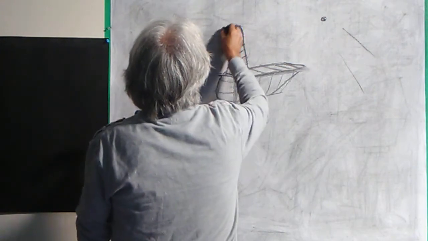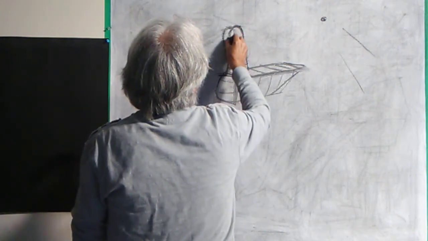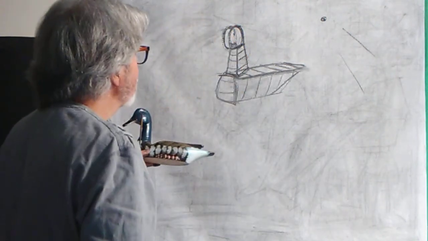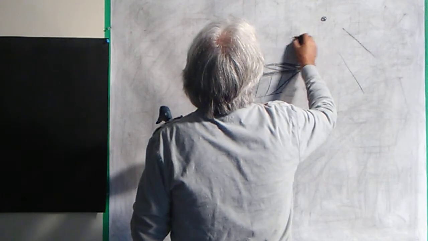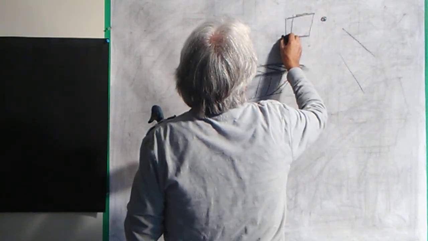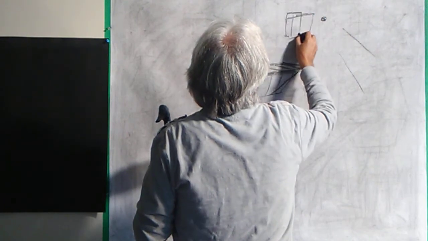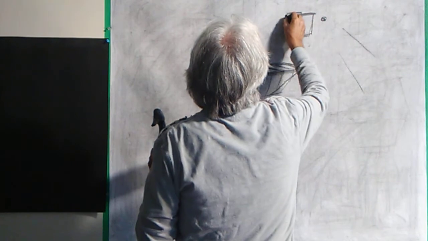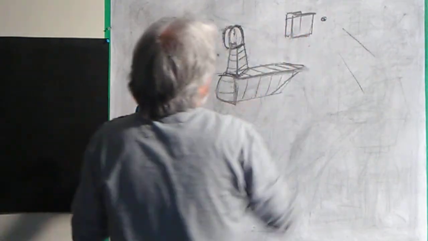Then I'm going to put another one in there as a curve. So I'm overlapping. Overlapping is a part of perspective. This is a box like this. Overlapping one from the other. I'll darken this one. So this one's slightly overlapped that way.